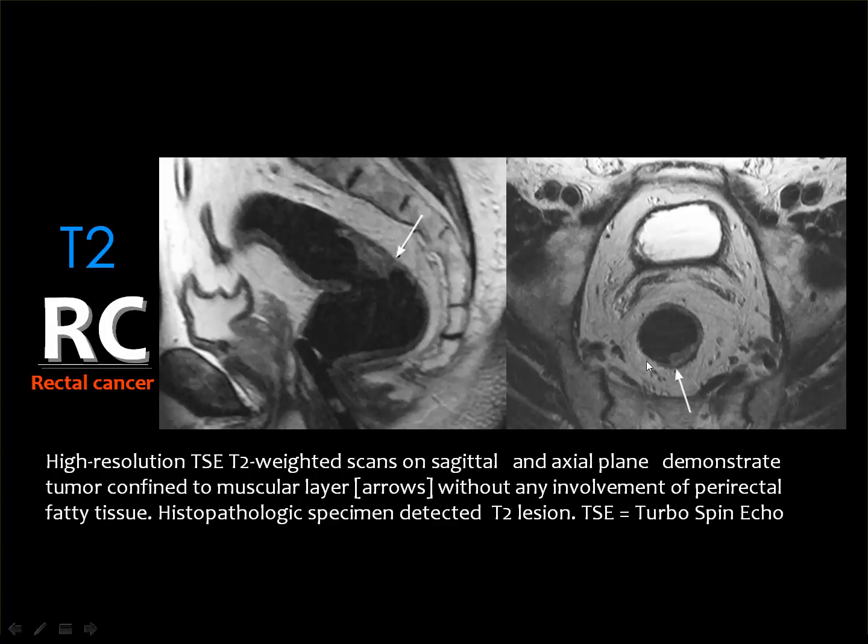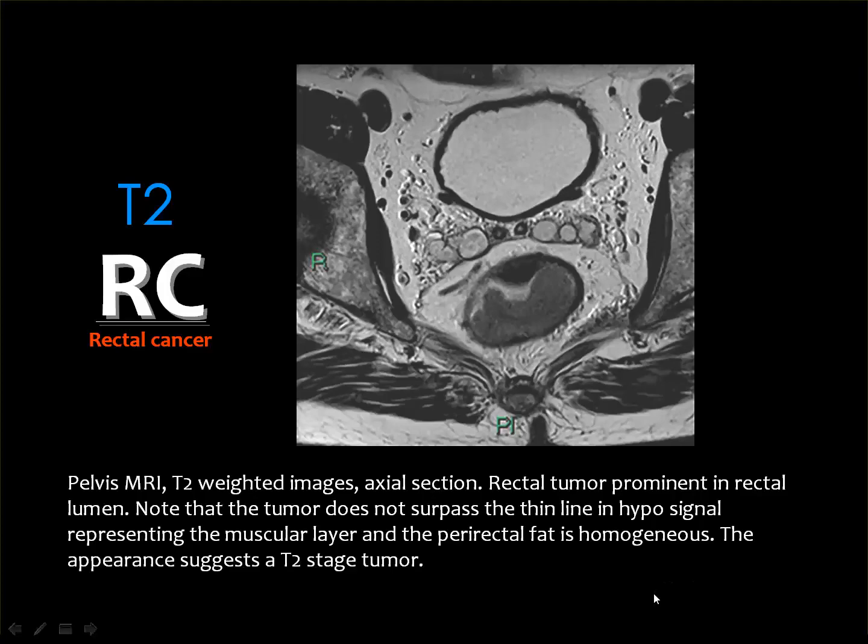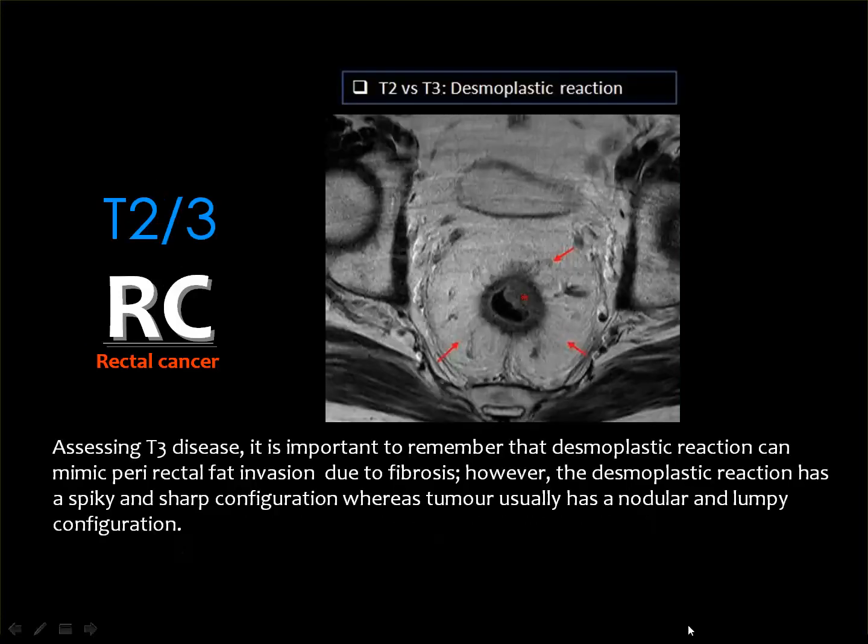The axial images are very good for the evaluation of the tumor margin. Another appearance of T2 cancer, and you see that the muscularis propria is intact, and the tumor is totally confined to the rectal lumen. Then here you see a tumor, and this tumor is associated with a stranding of the fat.